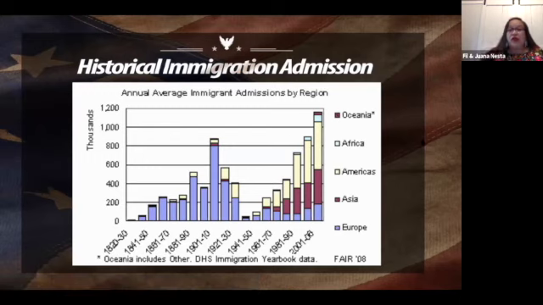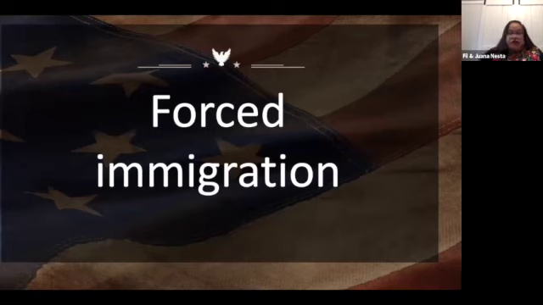This is just a quick slide for us to be aware. The first thing we need to know is that there is immigration where people decide to go into another country. There is also forced immigration, and we're going to talk about that. Today is St. Patrick's Day, and it happens to be a story of forced immigration.